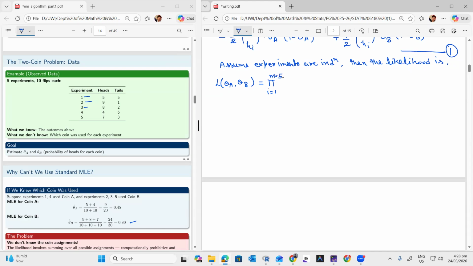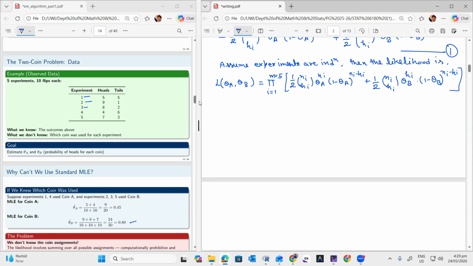So that will be 1 by 2 Ni combination Hi theta A raised to the power Hi into 1 minus theta A raised to the power Ni minus Hi, plus 1 by 2 combination of Ni and Hi into theta B raised to the power Hi into 1 minus theta B raised to the power Ni minus Hi. So this is your likelihood function.